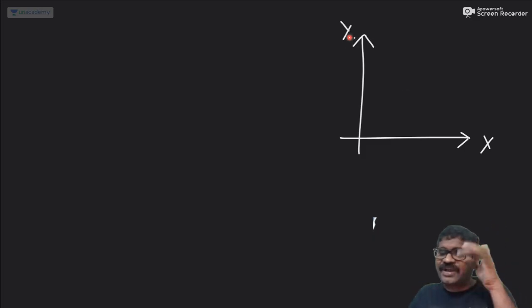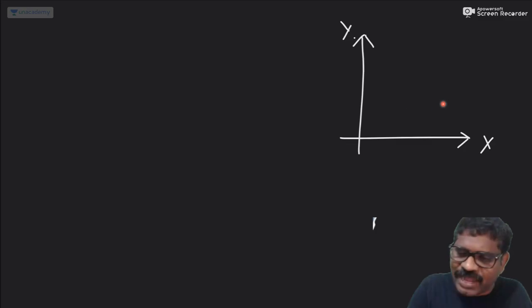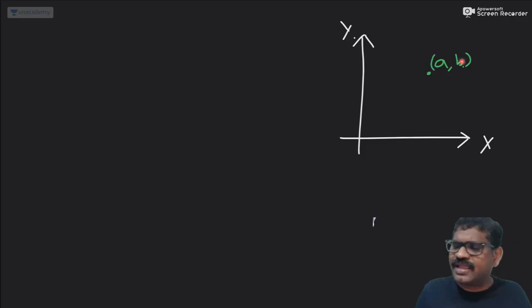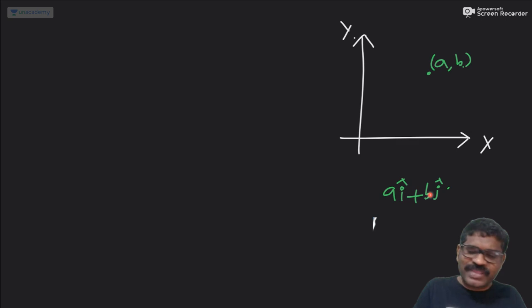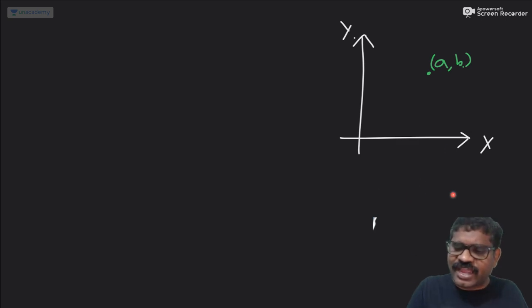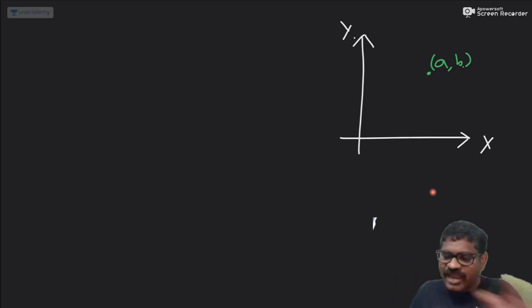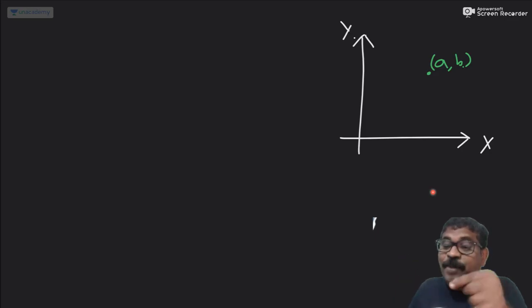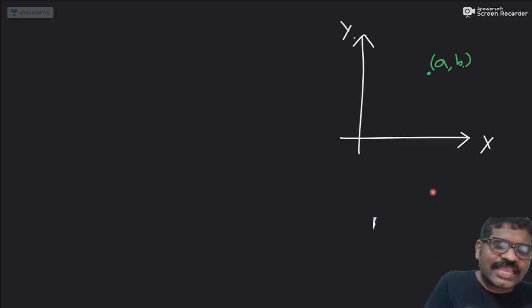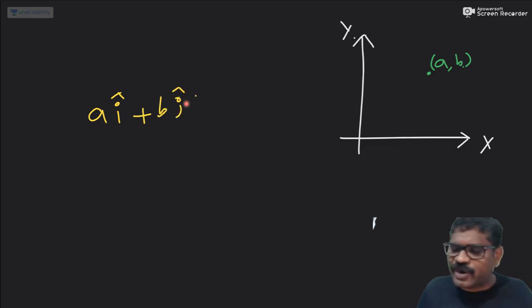Any vector, if I take any vector in this plane, suppose the vector is A comma B. Sir, vector is A comma B means A i cap plus B j cap. Clear? Understood? So any vector if I take in this two-dimensional plane, that vector is possible to express in the form of A i cap plus B j cap or not.